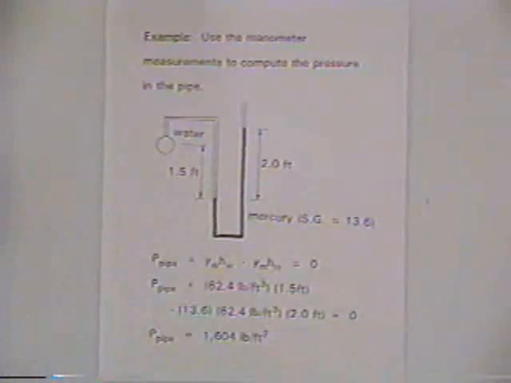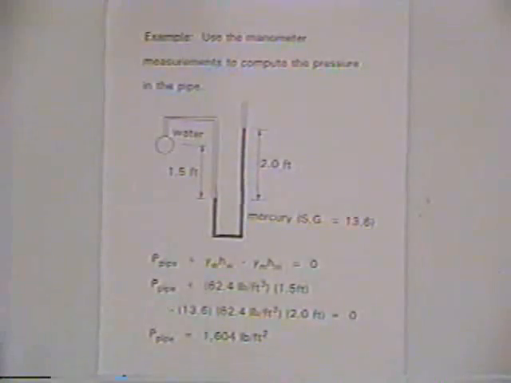From that 2 feet difference we can compute the pressure in the pipe. This provides a good example of applying the same equation that we've been applying in the last few minutes. And there are all kinds of configurations of manometer and related problems you could see on the exam.